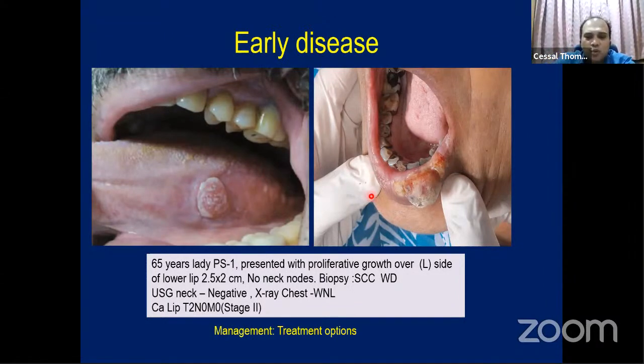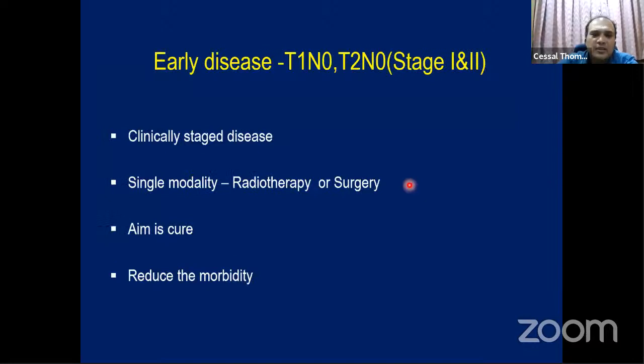Early disease is T1 and T2 disease, and it is clinically staged, so you usually do not need extensive imaging. You should restrict the treatment to a single modality, either radiotherapy or surgery. The aim is to have a cure with a good functional outcome, and the second goal is to reduce the morbidity.